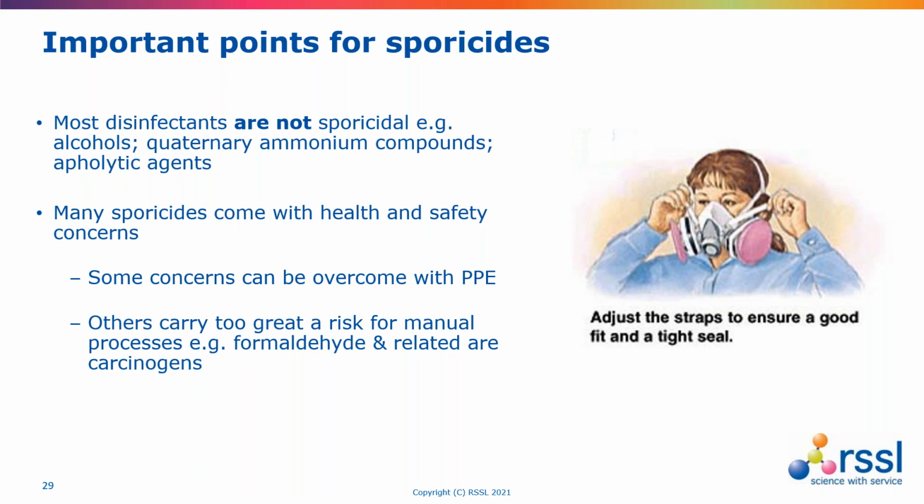And one of the questions that's sometimes asked is, what's the safest sporicide to use? There isn't really a safe sporicide, because if a sporicide is going to work, it's designed to kill all living things. So there's always going to be a high level of personal protective clothing required, and many facilities use respirators for operators.